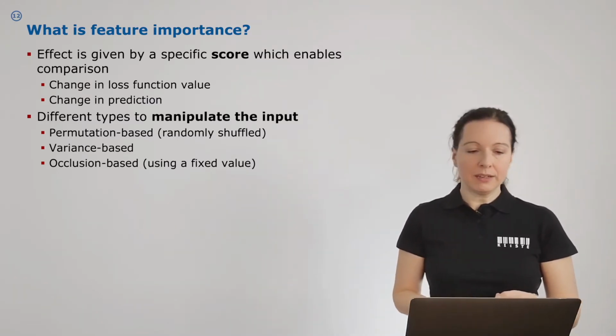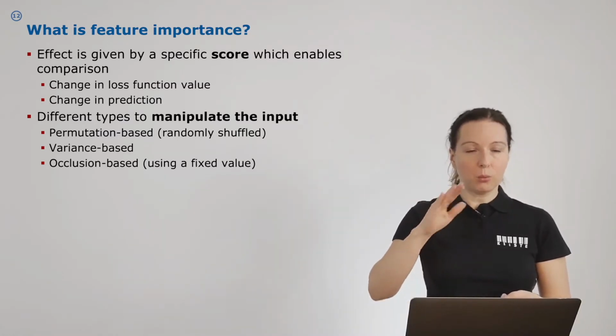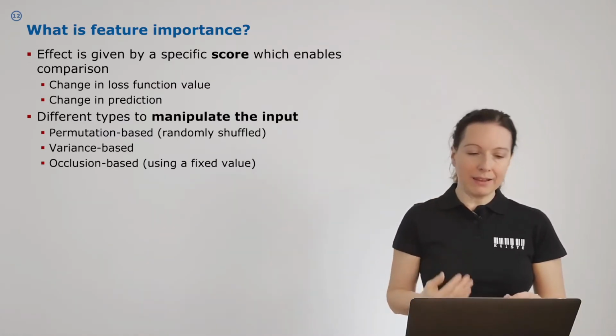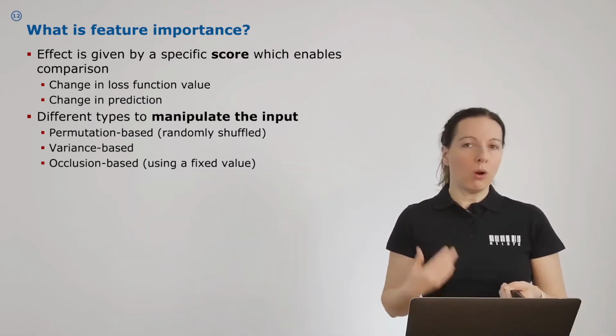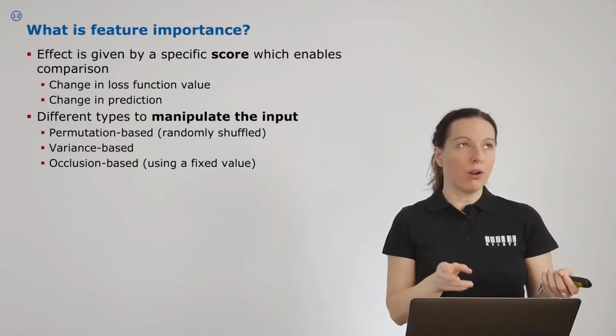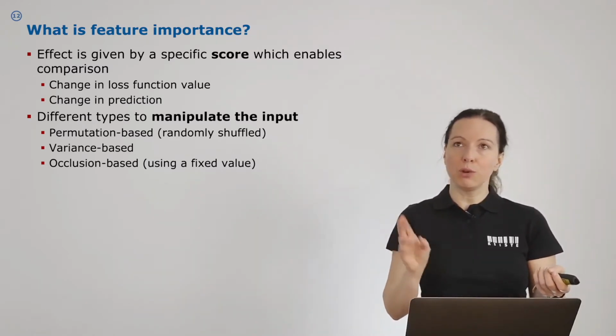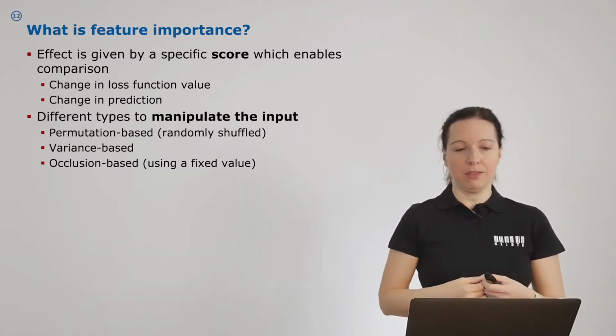What you do here is you occlude the feature. That means you replace it by a fixed value, for example 0 or 1, whatever comes closest to covering up the input feature.